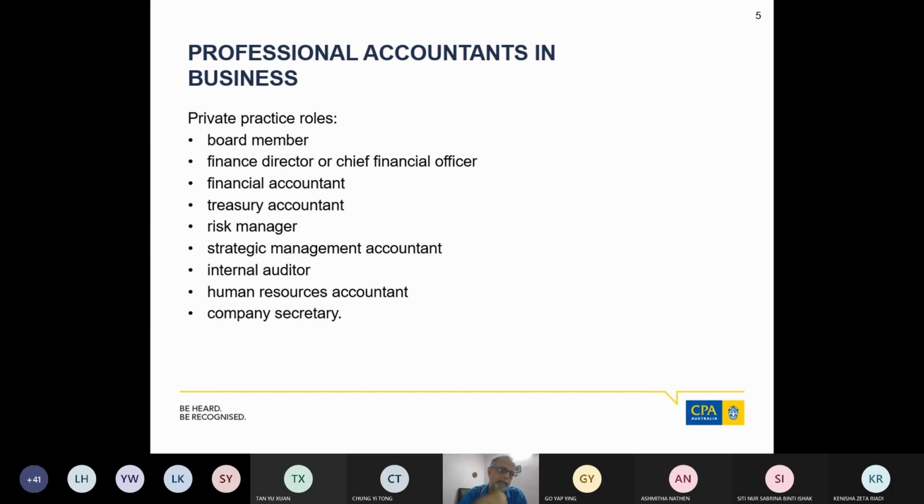So these are some examples of the different types of work being done by Professional Accountants in Business, or PAIB.